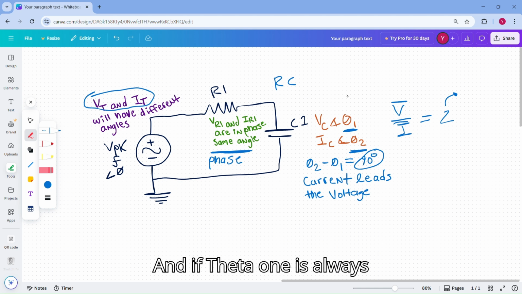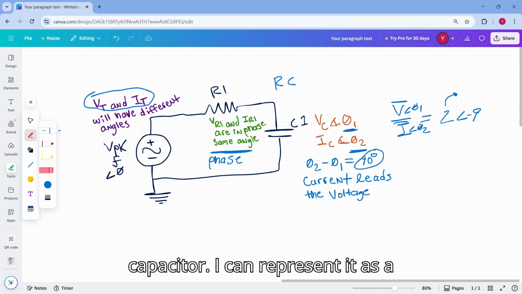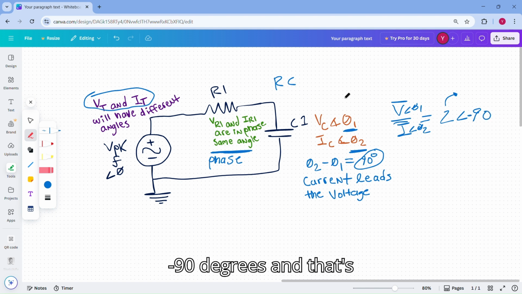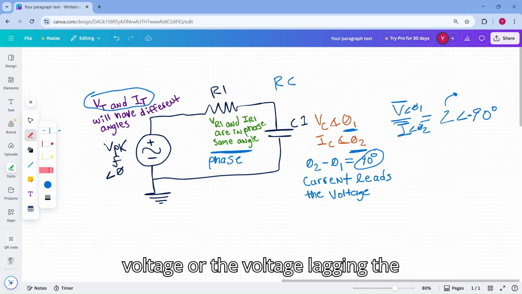And if theta 1 is always 90 degrees less than theta 2, what I have here is for the impedance of my capacitor, I can represent it as a negative 90 degrees. And that's describing that current leading the voltage, or the voltage lagging the current.